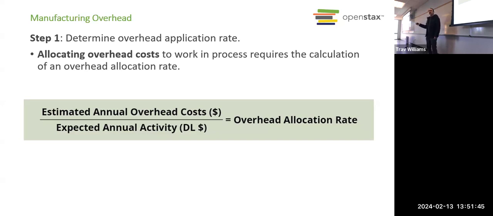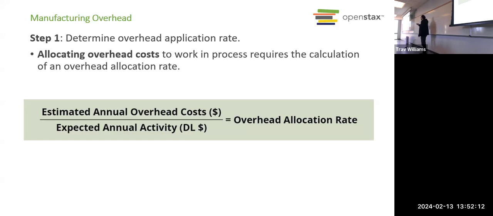Again, if you're using machine hours or direct labor hours, it would be the same thing. You would just be estimating the number of hours. So since we're using direct labor cost in this case, we take the estimated overhead divided by the estimated activity that we just came up with, the cost, and that gives us a rate that we can apply to every single job.